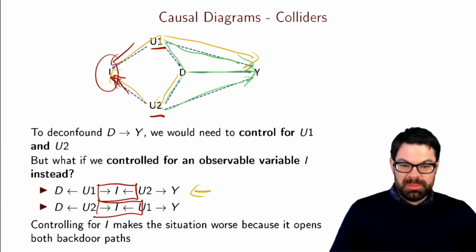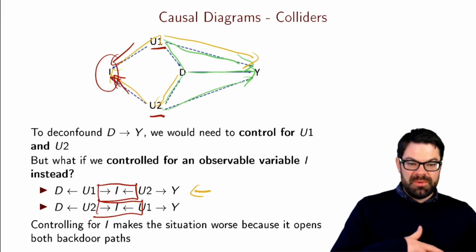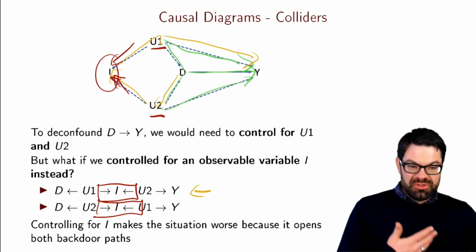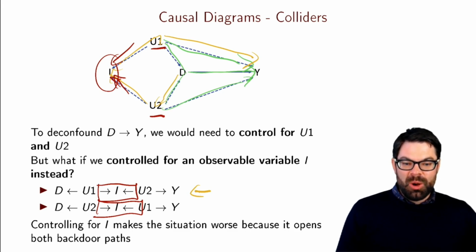And the problem is we can actually make the problem worse, as in we introduce a bias because we actually control for a confounder, control for a collider, and that actually opens both backdoor paths.